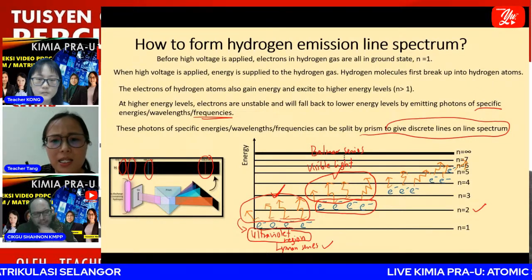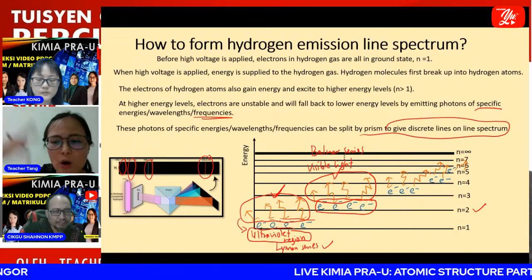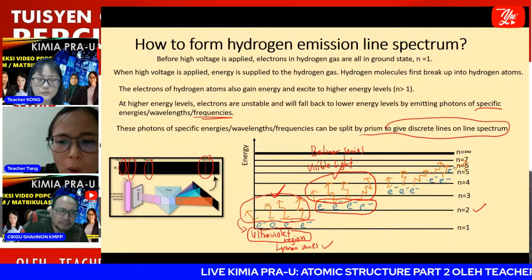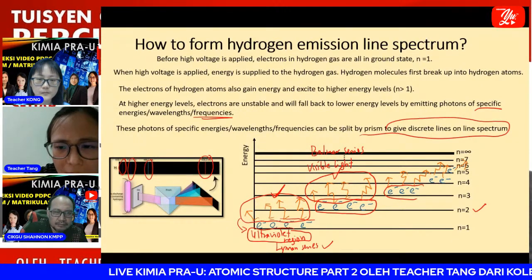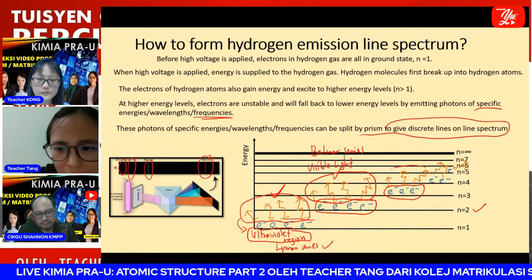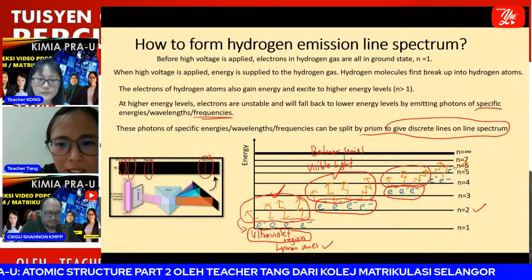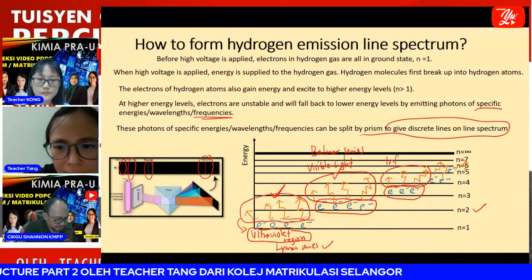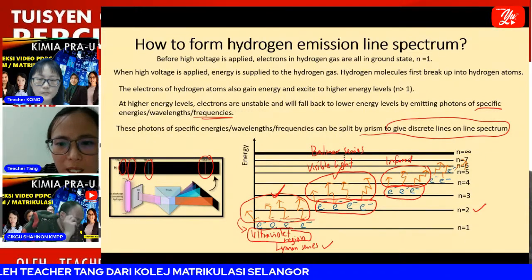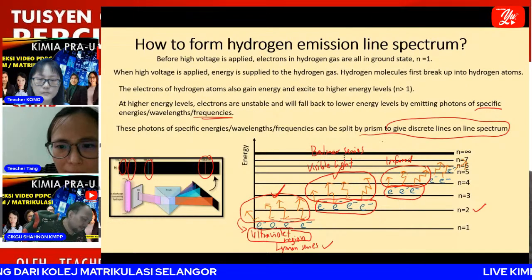If a higher energy level drops back to n equals 3, then the photon emitted will have energy in the infrared region, and that will give the Paschen series.